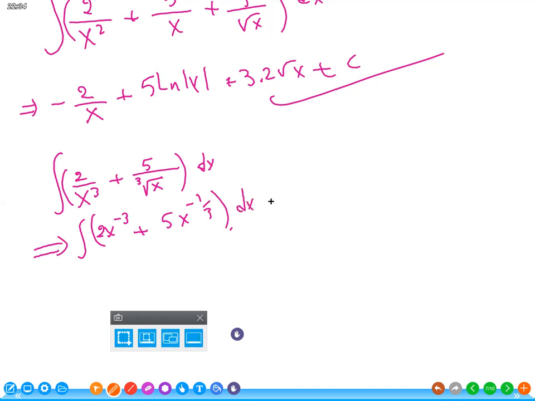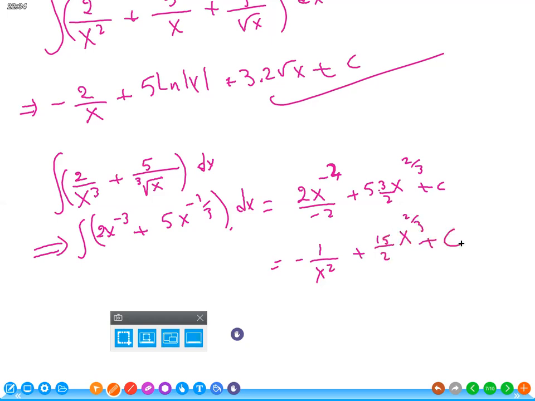Then we will integrate. So add 1, 2x power minus 2, over minus 2, plus 5x, add 1, 2 over 3, it's a fraction, take the reciprocal, plus c. Simplify: minus 1 over x squared plus 15 over 2 x power 2 over 3 plus c.